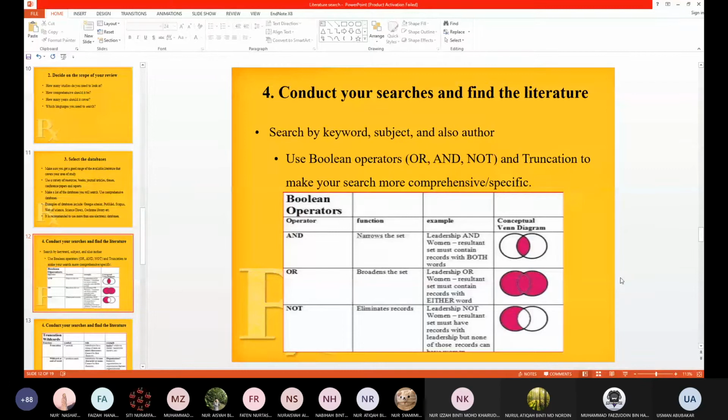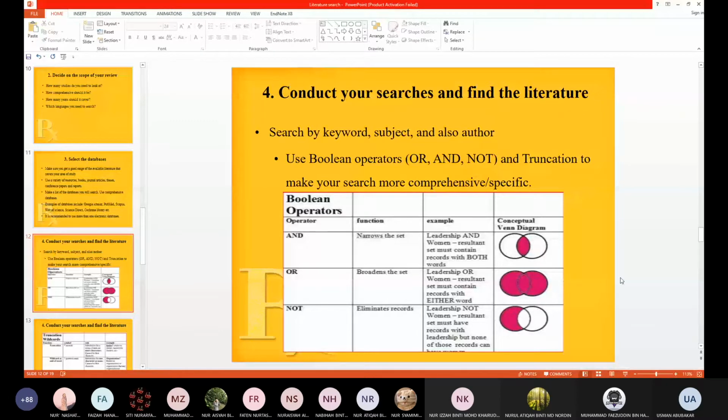This is where the role of the Boolean operators or the Boolean indicators come in. Boolean indicators such as AND, OR, NOT are commonly used to improve the quality of your search. For example, if you want to combine synonymous words, like I said now, aspirin and acetyl salicylic acid, you can use the word OR.